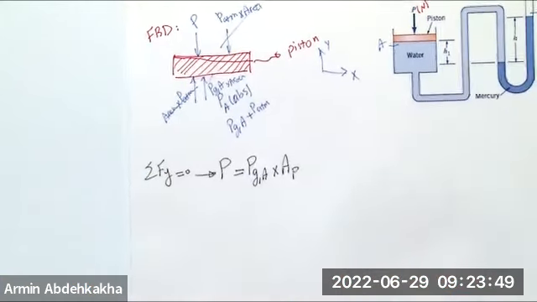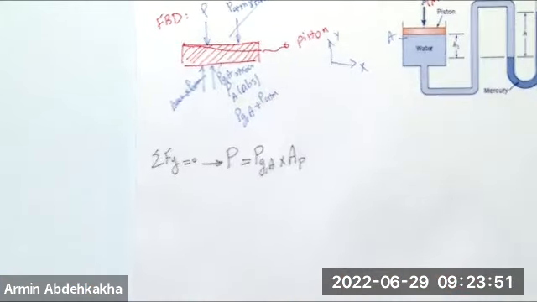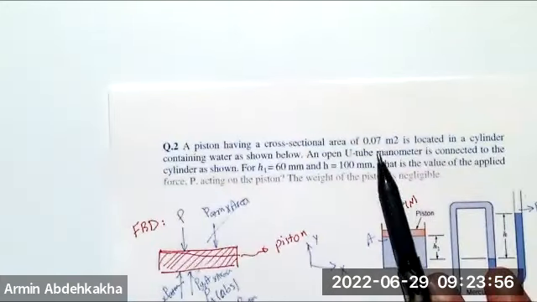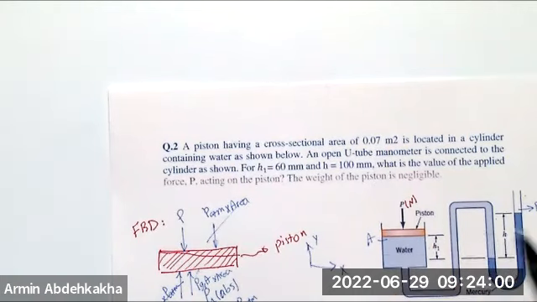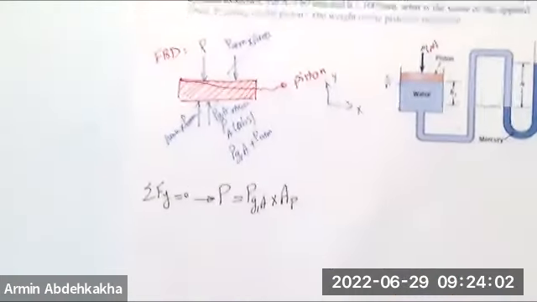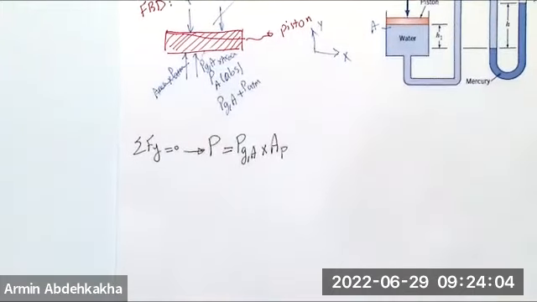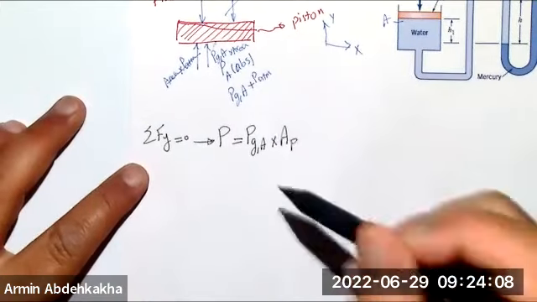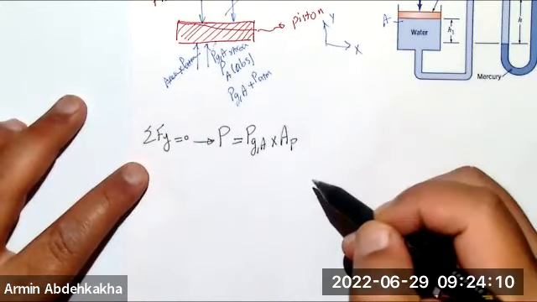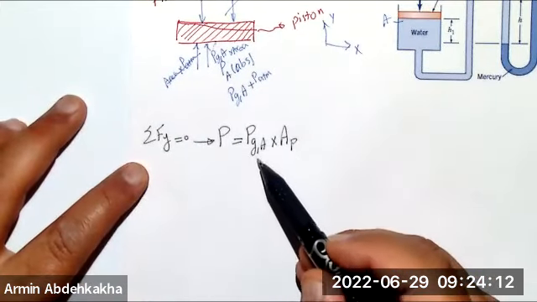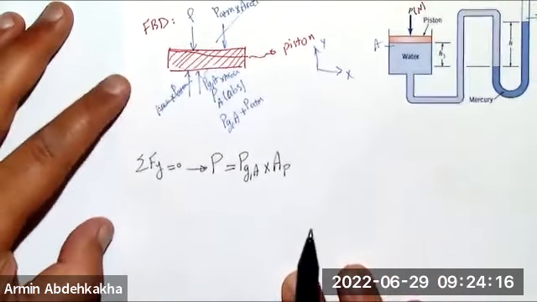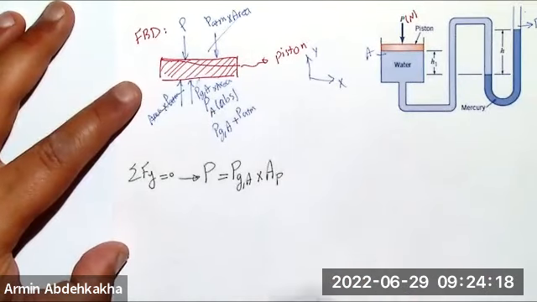Again, I will not replace the numbers right now, though I know the area here is 0.07 meter square. That's given, but the pressure is not, so you have to find it using the mercury and the manometer.